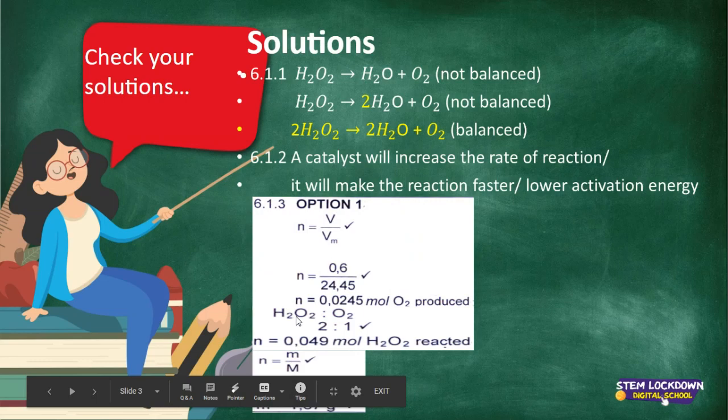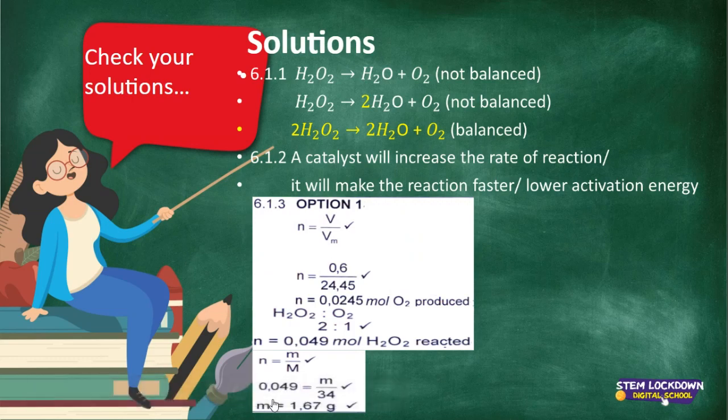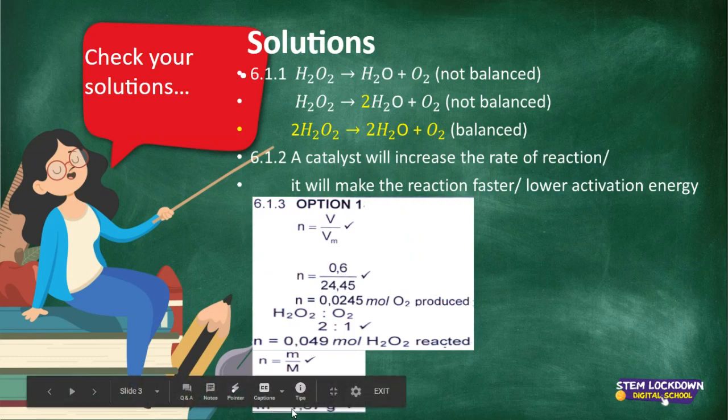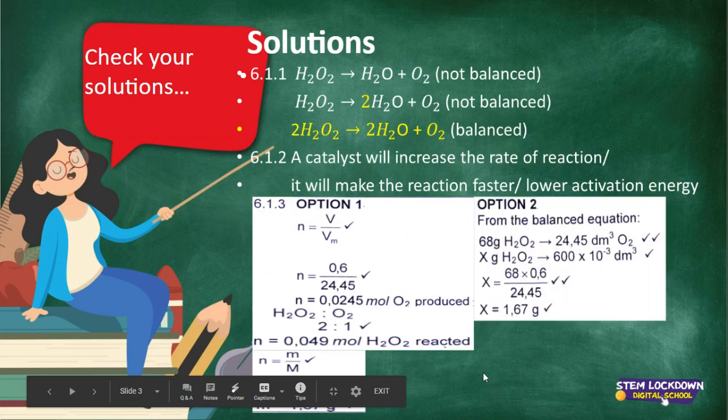It will be 2 hydrogens, each one of them 1, so 2 times 1 plus 2 times 16, which is 32, so it will be 34. So you divide by 34, and if you cross multiply, you will get your mass to be 1.67. Right. Let's look at option 2.